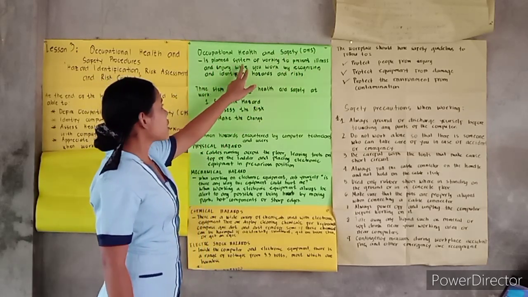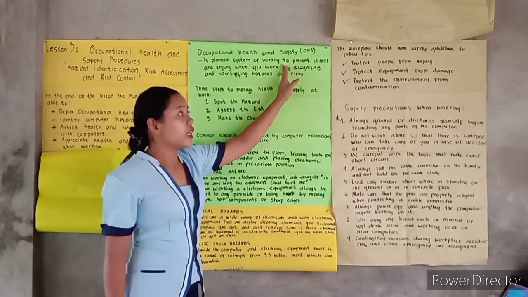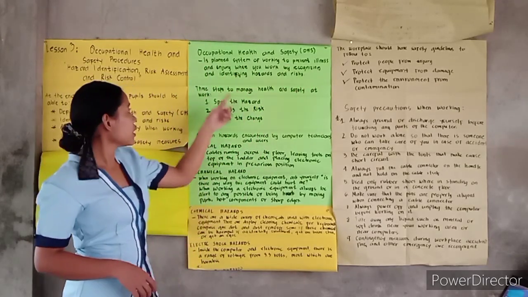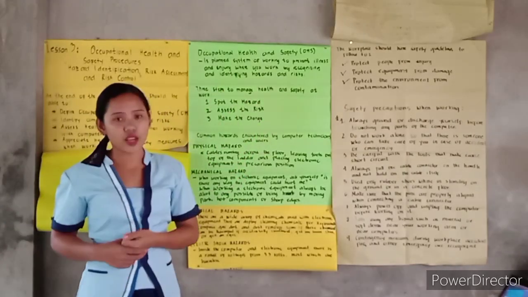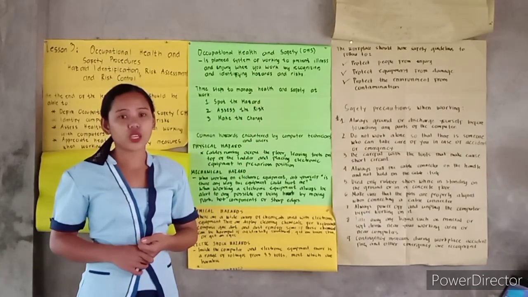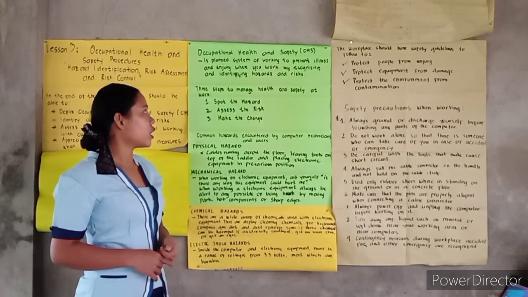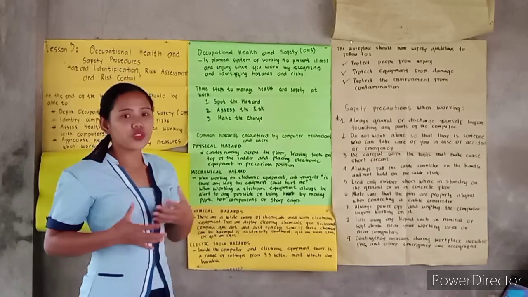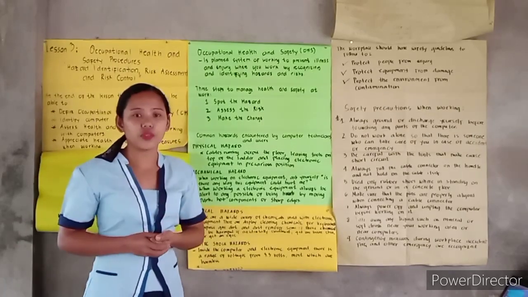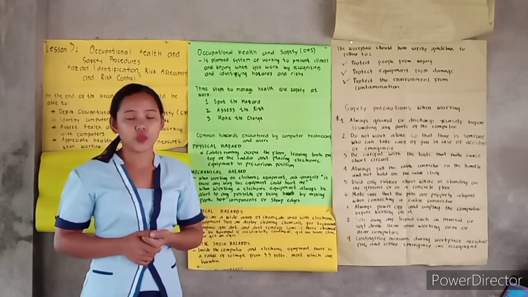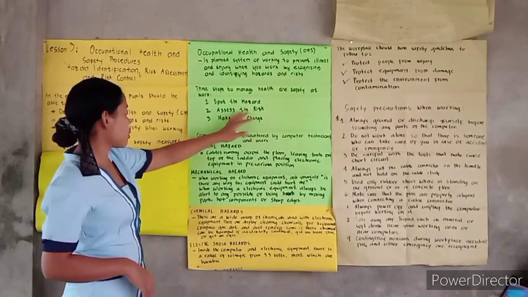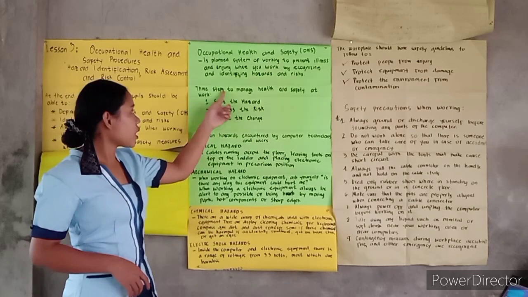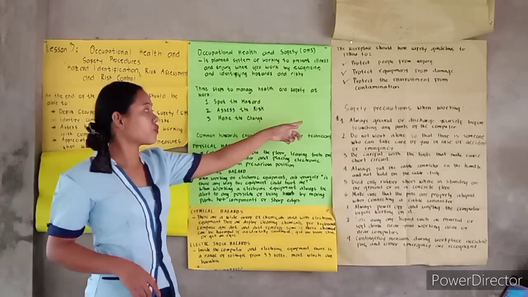It is a planned system of working to prevent illness and injury when you are working by recognizing and identifying hazards and risks. In the health and safety procedures, it is important to identify and assess the risk to our safety, so we avoid accidents when we are working at a place. We have three steps to manage health and safety at work.